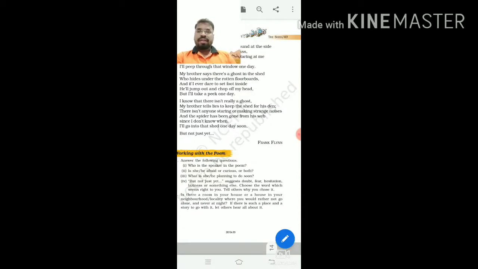So one day definitely I'll go in that shed. The poet doesn't know when the spider went, but he wants to go in the shed one day, but not just yet. In the end he says not now, but he is willing, he is wishing to go there.